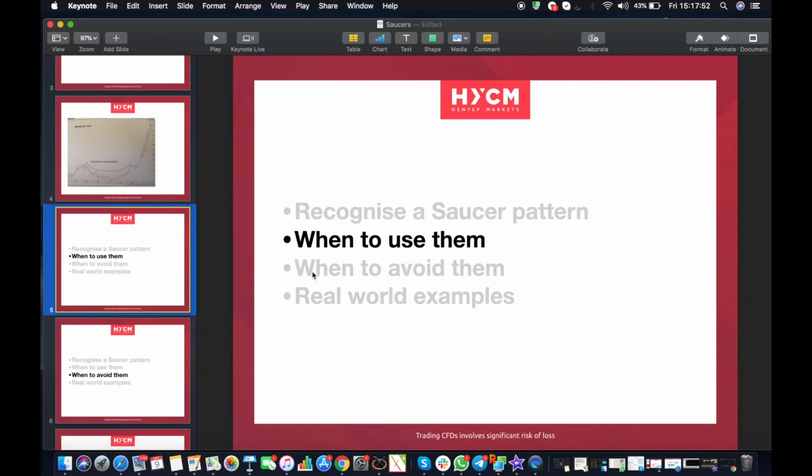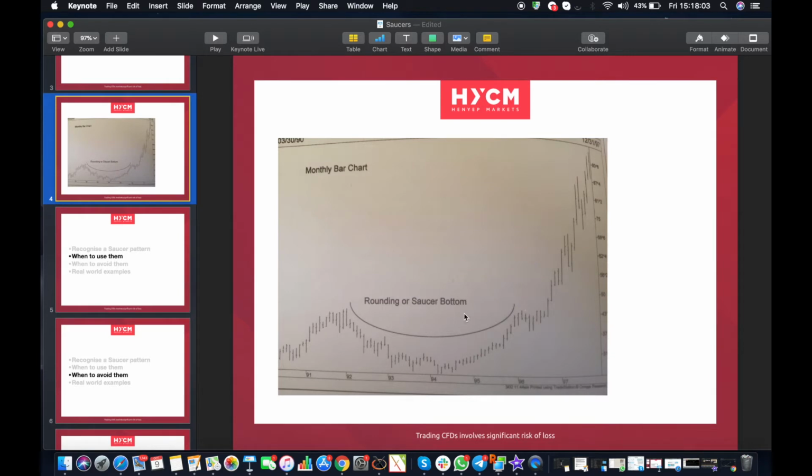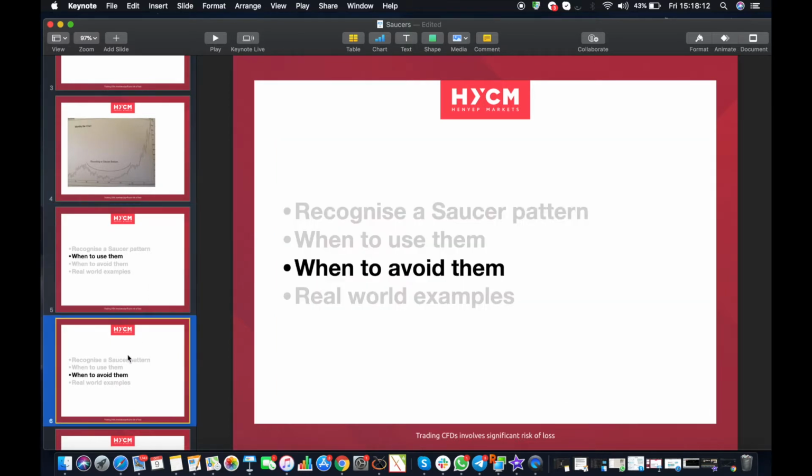So when you want to use these saucer patterns, it's when you first of all recognize the technical pattern like this, and you need to have a fundamental reason for the price of the product or the instrument you're trading to actually appreciate. So the important thing is when to avoid them.